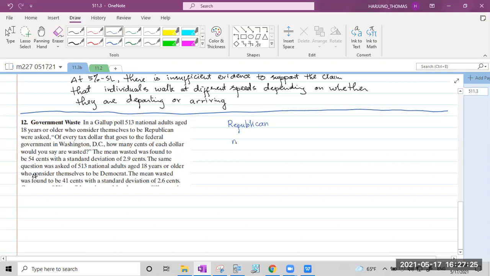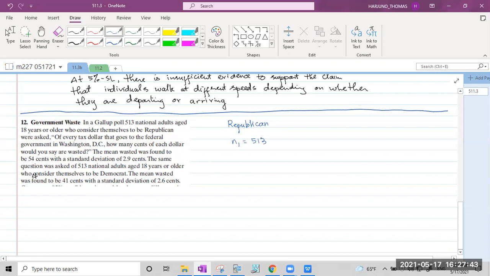The sample size, let me call that the first group, n1 is 513. They were asked, for every tax dollar that goes to the federal government in Washington, D.C., how many cents of each dollar would you say are wasted?